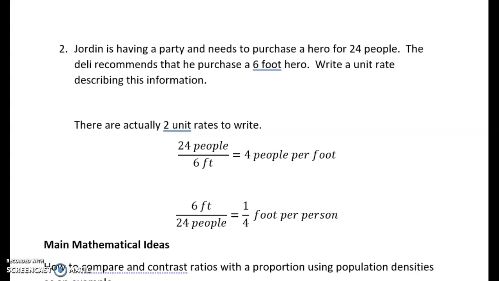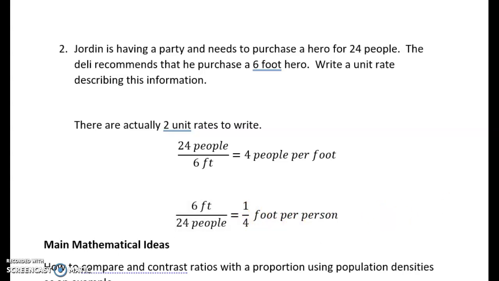We could write this unit rate in another way by putting the length of the hero on top, 6 feet for 24 people. If I want to write the unit rate, I would divide again, 6 divided by 24, so the order of my division is changing. In fraction form, that's 1/4. So that means that a quarter of a foot would feed 1 person.